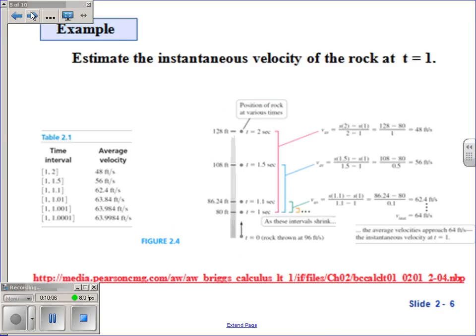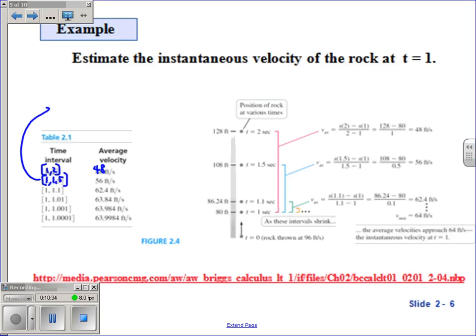Okay, so now I want to actually estimate what the instantaneous velocity is for the rock at t equal to 1. Well, we already found that on the interval from 1 to 2, the average velocity was 48. Now keep using intervals. Now we're going to use 1 to 1.5, and we're going to find that average velocity.